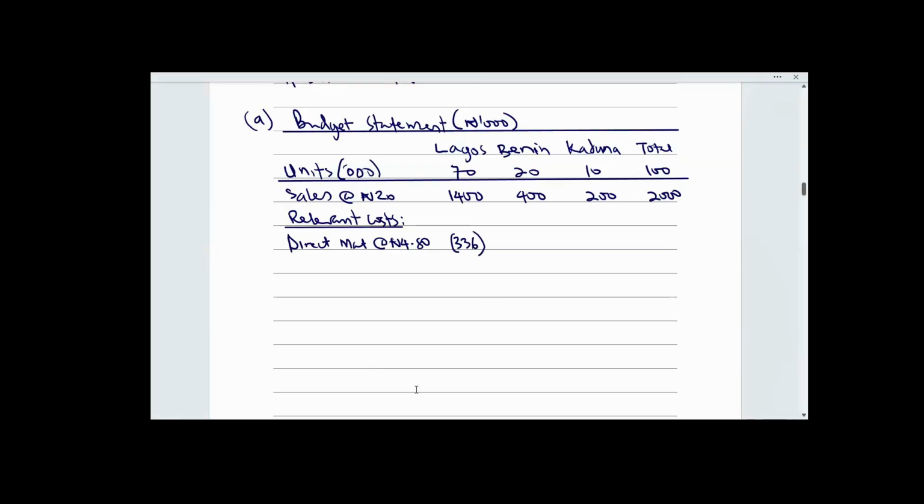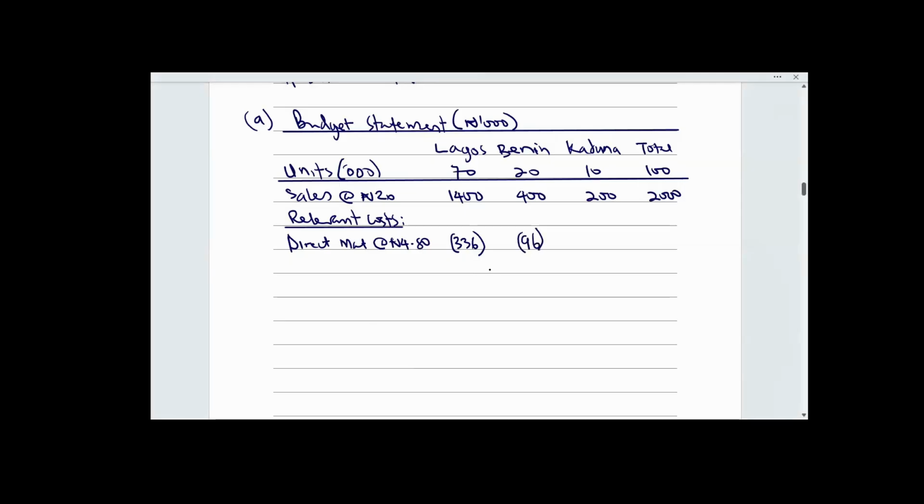Then for Benin, it will be 4.8 multiplied by the units produced, which is 20,000. Let me do it again. 20 multiplied by 4.8. That's 96.